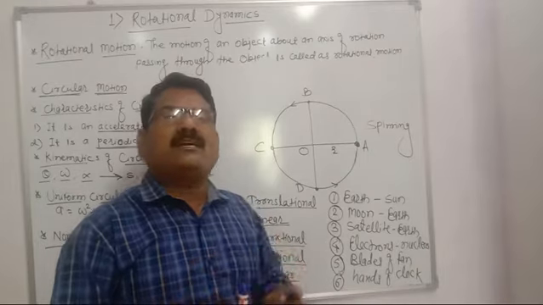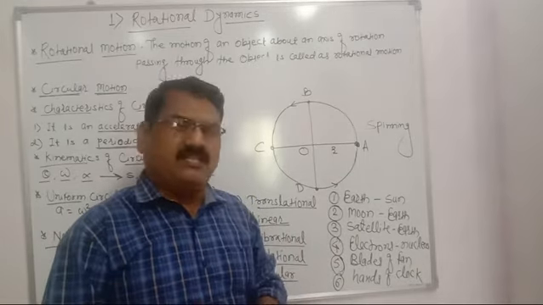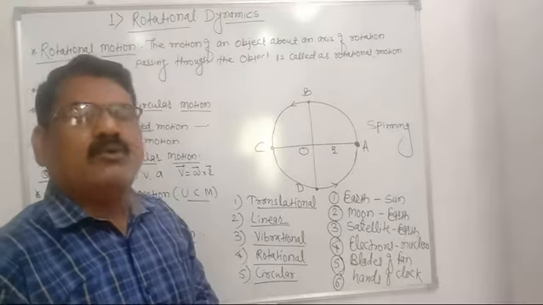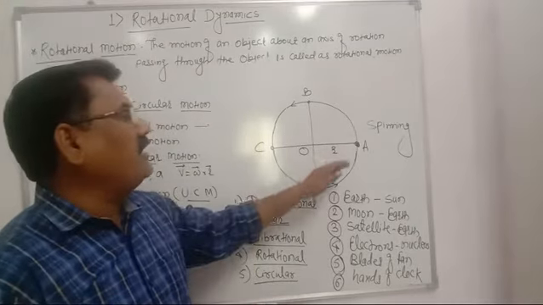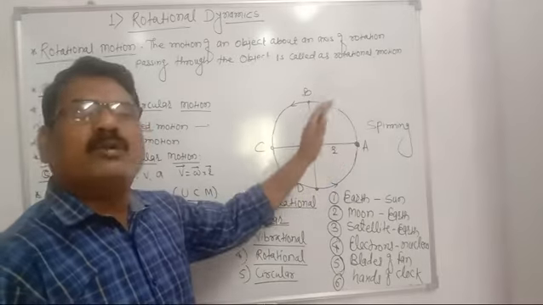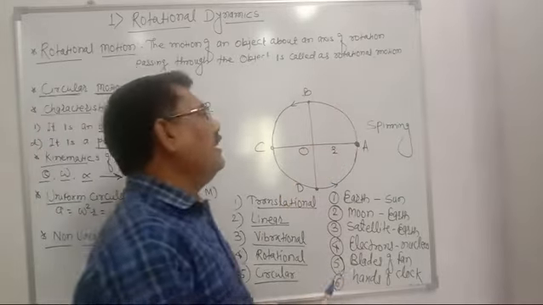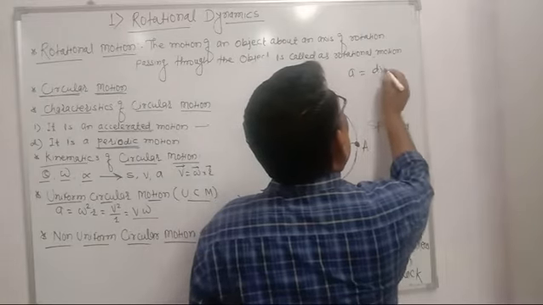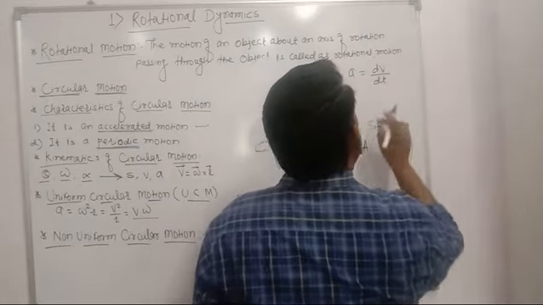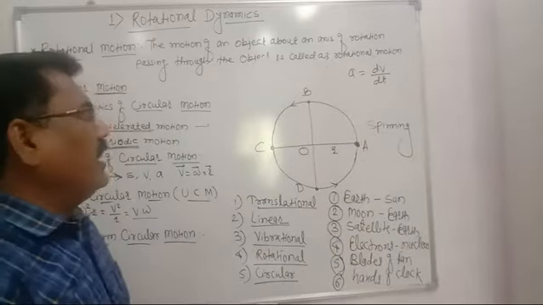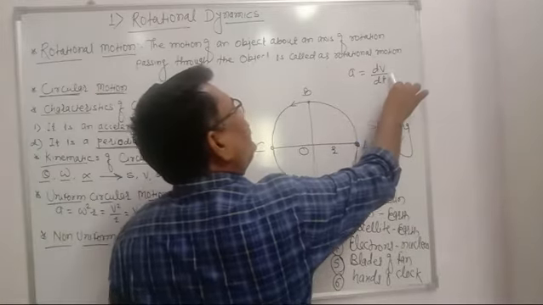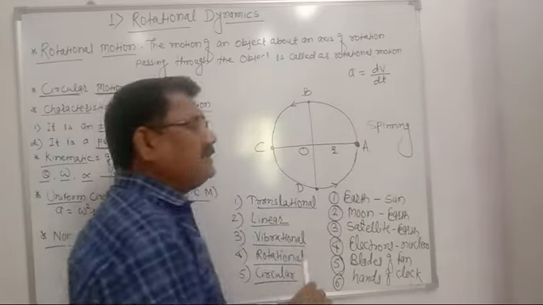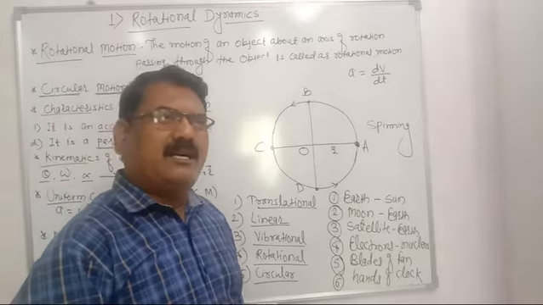So as the direction of velocity changes, the motion is accelerated motion, means in that particle the acceleration is produced due to the change in velocity, which is given by the formula acceleration is equal to dv by dt, because already you know that the rate of change of linear velocity with respect to time is called acceleration.